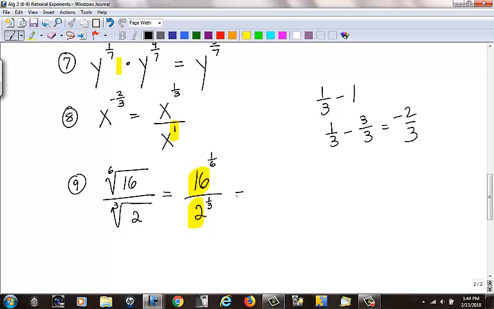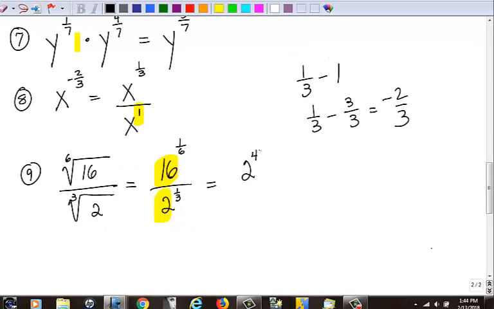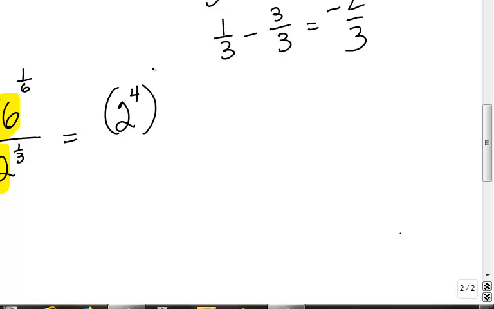So you might make a note off at the side at this point. You're trying to get the same base, and probably want to get the smaller one. So 16 I can write as 2 to the 4th, and that is still to the 1/6 power. This is still 2 to the 1/3 power.